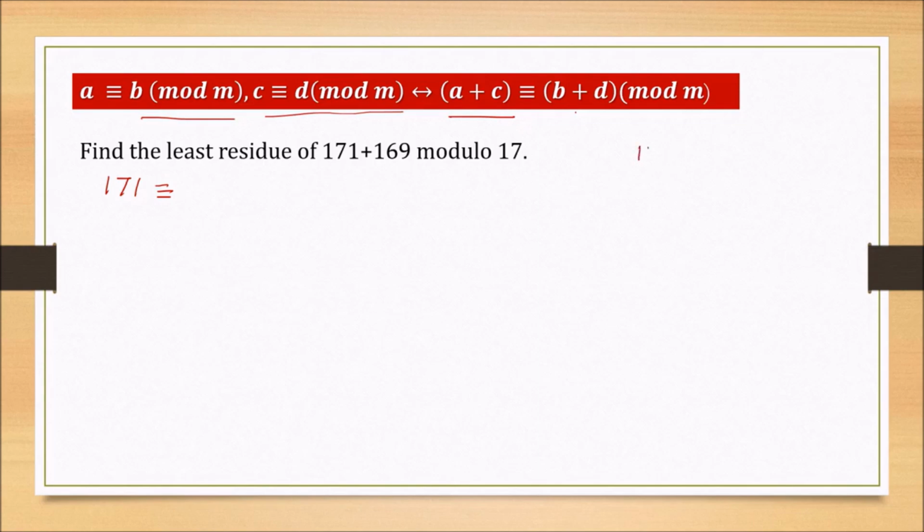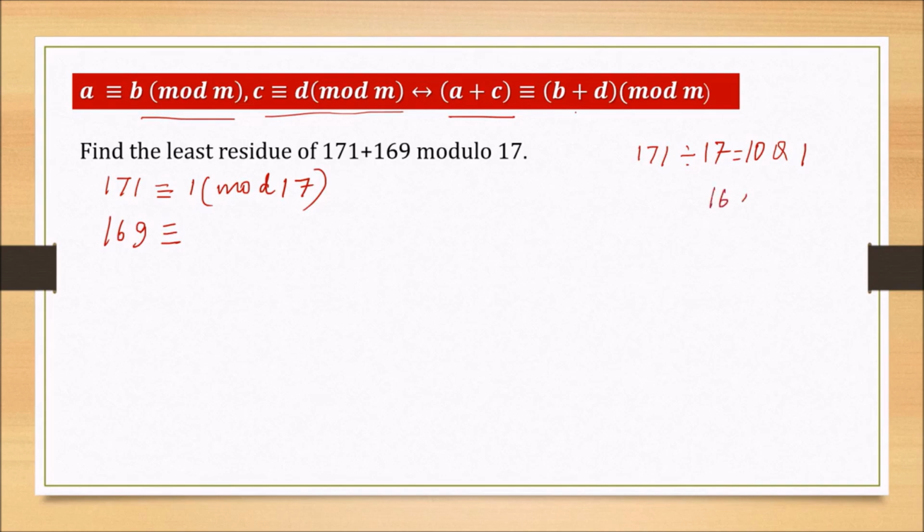That means 171 divided by 17, what is the least residue? It will be 1, because 10 is the quotient and 1 is the remainder. So this will be 1 modulo 17. Similarly, 169 is congruent to, 169 divided by 17.